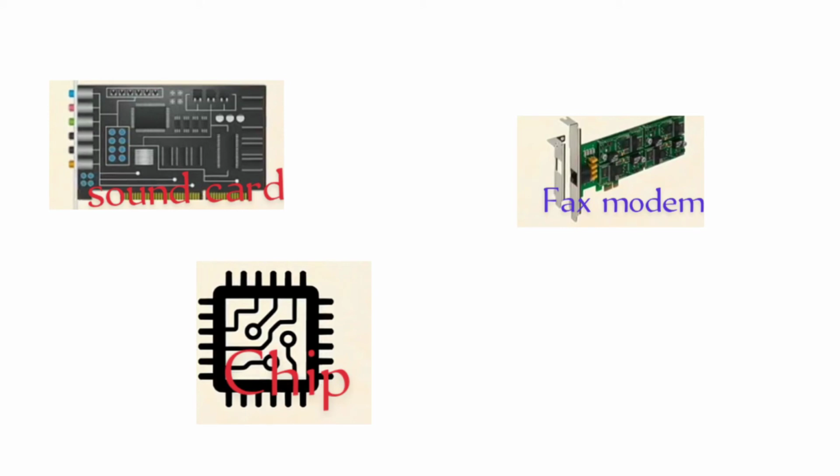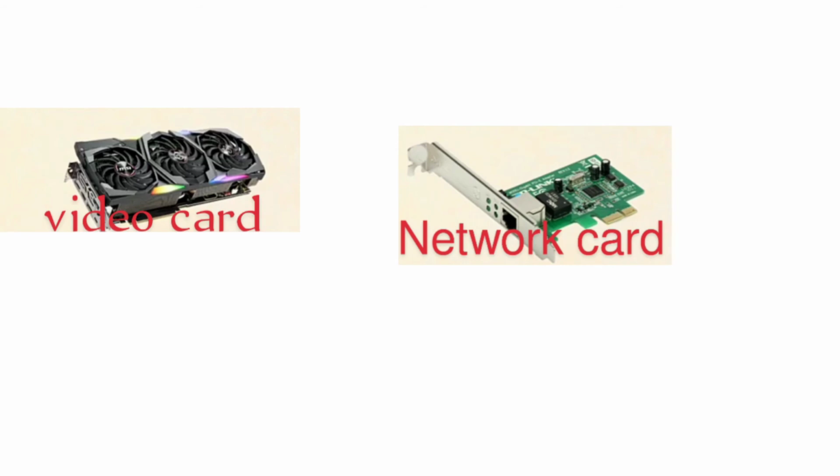The next one, we have a sound card, we have chips, and we have a fax modem. This sound card helps when we connect the computer with our speaker. This sound card helps the computer to output the sound. A video card helps to play a video.